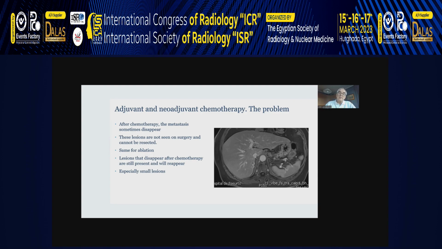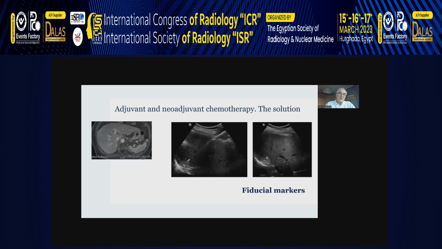And in the future, probably these metastases will regrow and reappear. So we need to make it possible for the surgeon to resect these lesions. And this especially happens for small lesions.